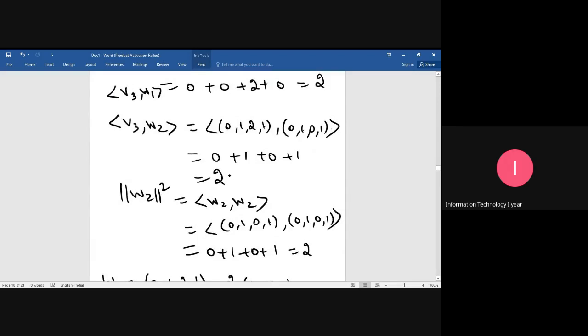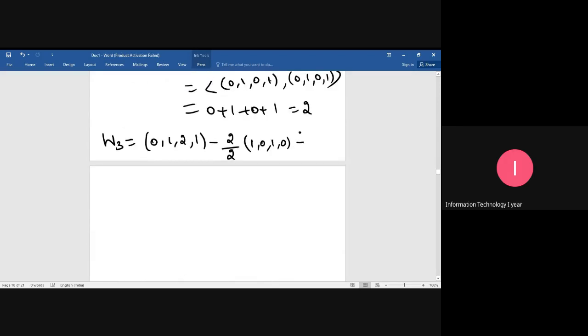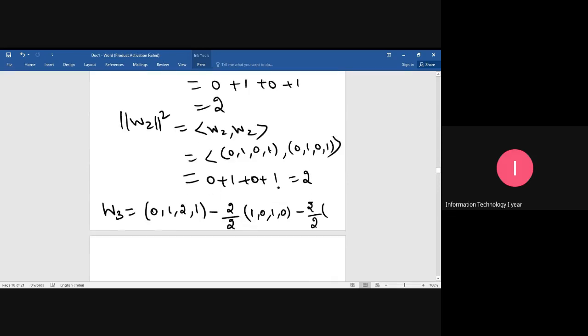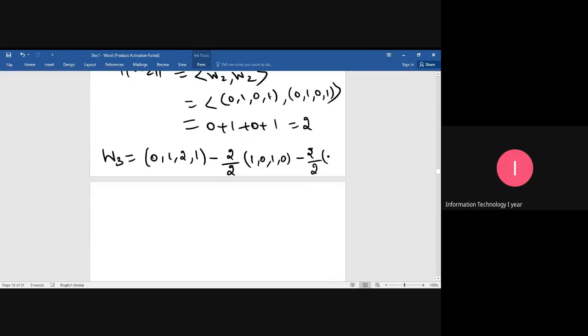V3 comma W2 we calculated it is 2. So 2 divided by norm W2 square, which is 2, into W2. W2 is 0, 1, 0, 1. So now find out the answer: 0, 1, 2, 1 minus, 2, 2 will be getting cancelled, 1, 0, 1, 0 minus, here also 2, 2 getting cancelled, 0, 1, 0, 1.